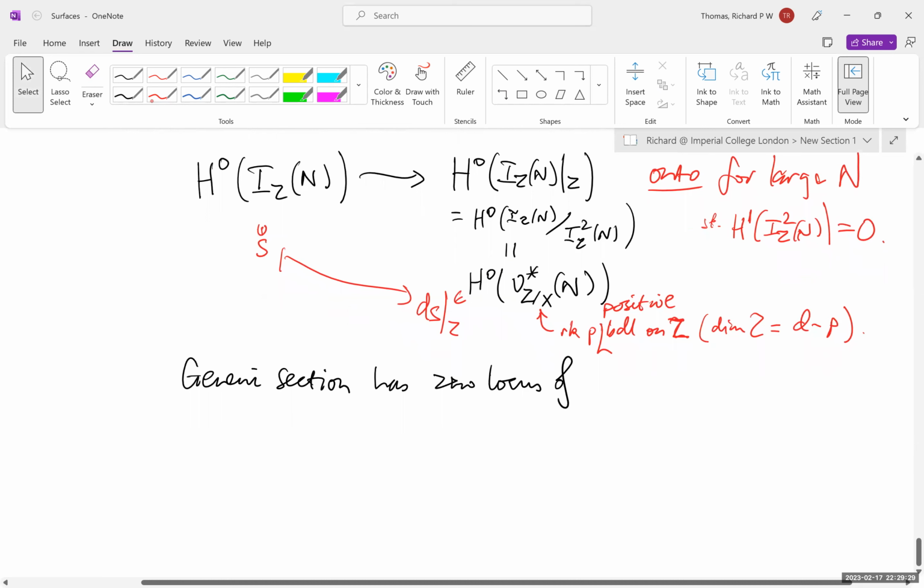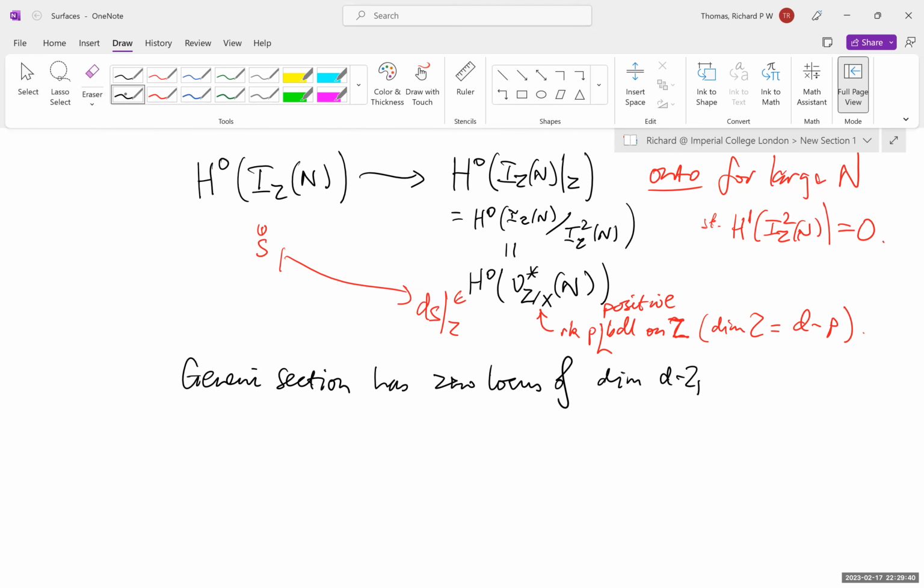Okay, so what that means is the generic section of this thing on the right-hand side has zero locus of dimension D minus 2P on Z, which means it has no zeros if P is bigger than D over 2.